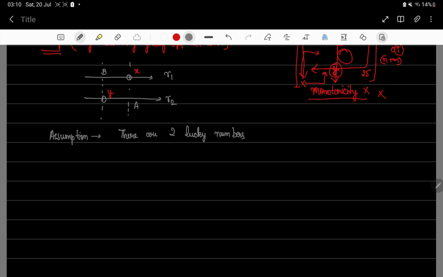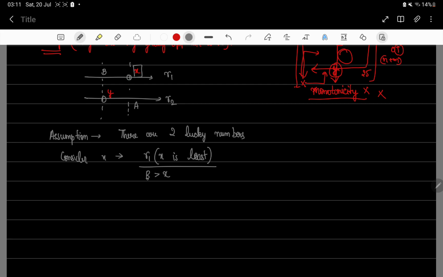Now from all the properties we know, consider x first. For x to be the lucky number, in R1 x is lowest, the least, which means that b is greater than x. Even now I'm considering x only.